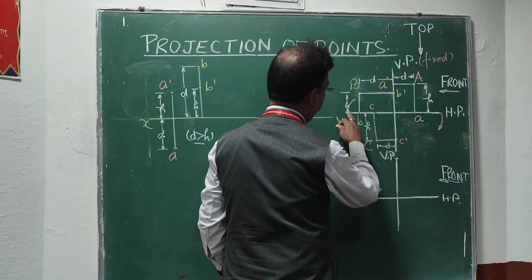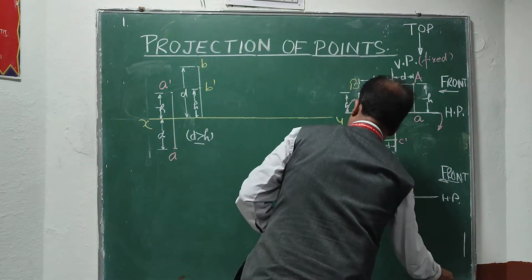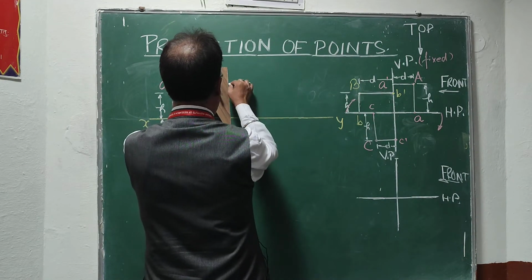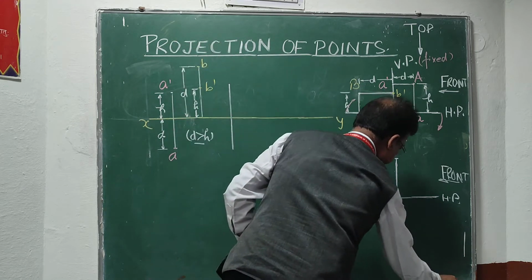Now the rotation will be upside. So C will go up and the top view will be above the reference line and the front view will be below, which is just the reverse of the first angle projection.